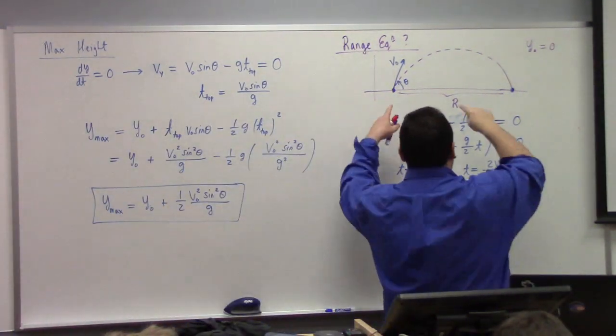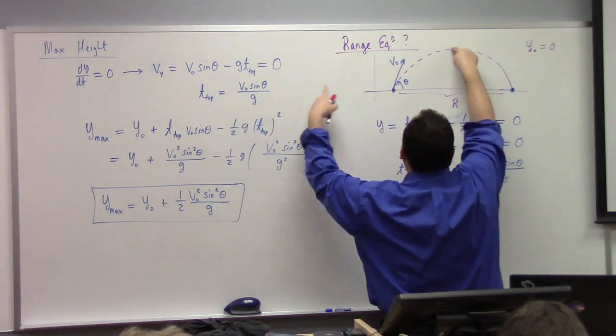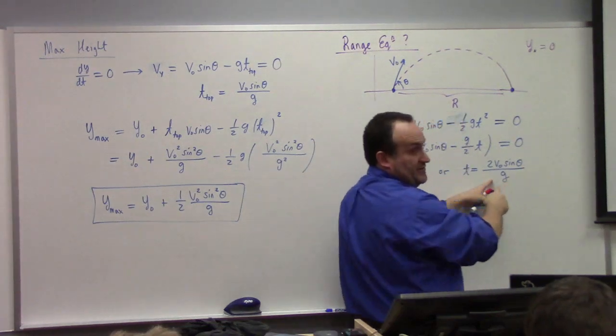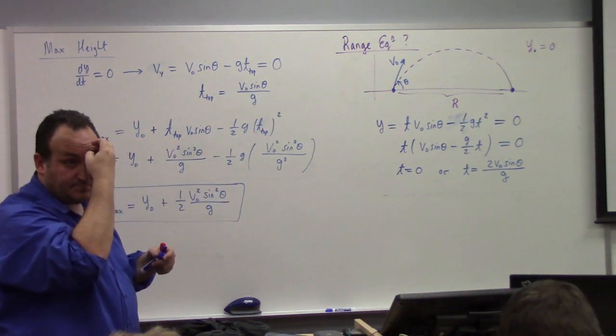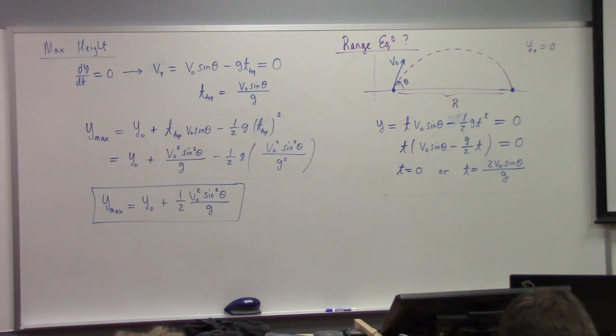So the time up and the time down are the same, right? So the time up, v naught sine theta over g. The time back down, v naught sine theta over g. So twice that is the total time of flight. Makes perfect sense. In this initial problem, that wouldn't have been equal, because if my initial y is different than my final y, the time back down is longer. The time to the top would not match the time down because there's an asymmetry there, yeah?